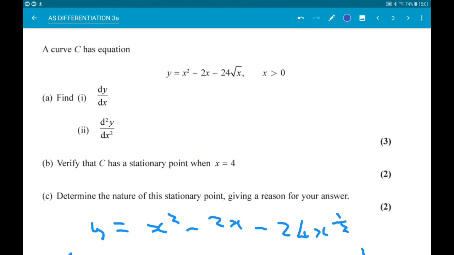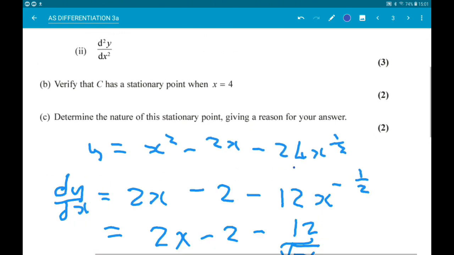Part C wants us to determine the nature of the stationary point, giving reason for our answer. So this is why they've asked for the second derivative. We need to find the value of the second derivative when x is 4. If it's greater than 0, then it's a minimum. If it's less than 0, then it's a maximum.